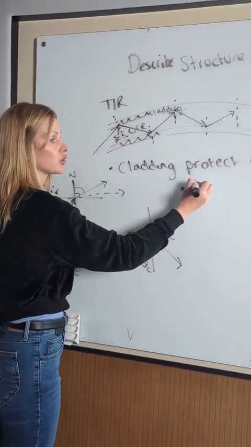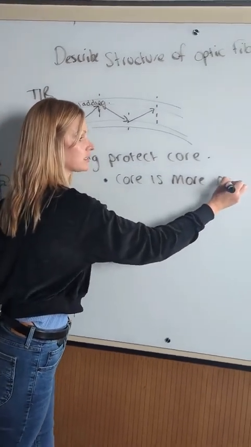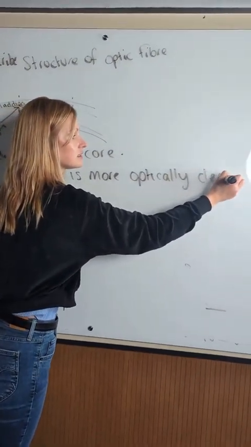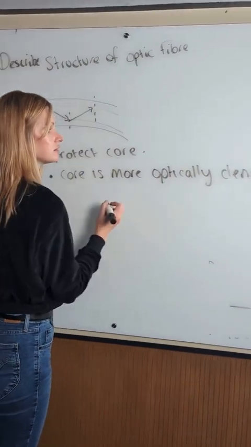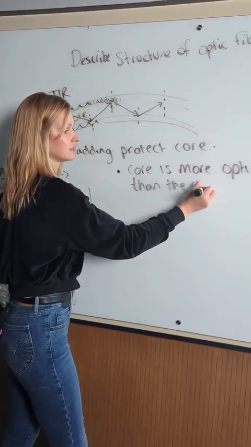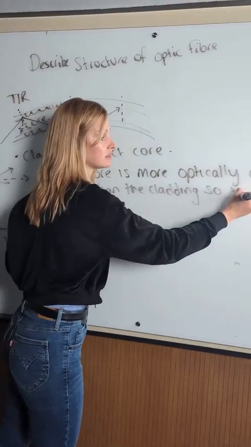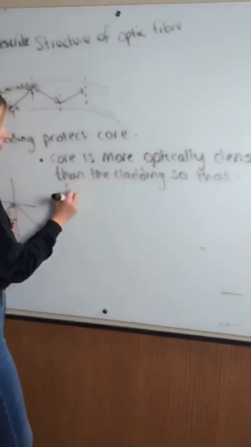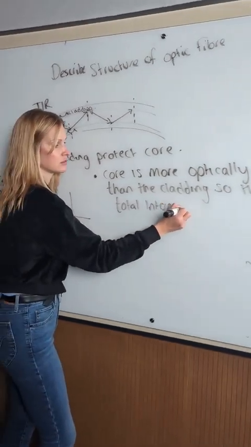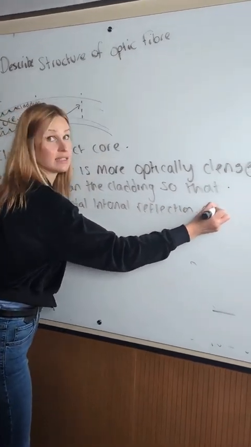So again, the core is more optically dense than the cladding, so that total internal reflection can occur.